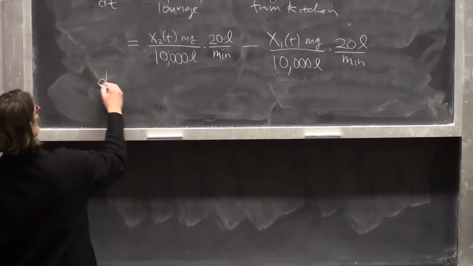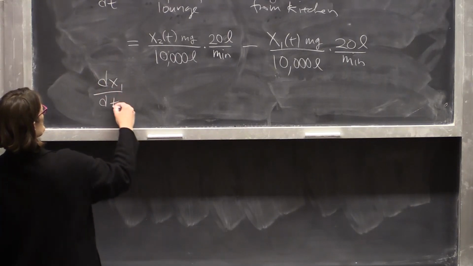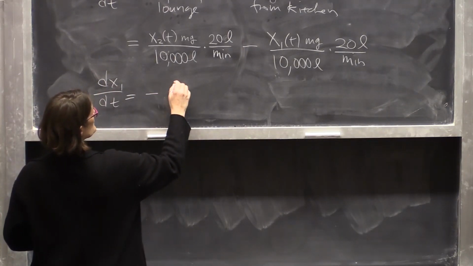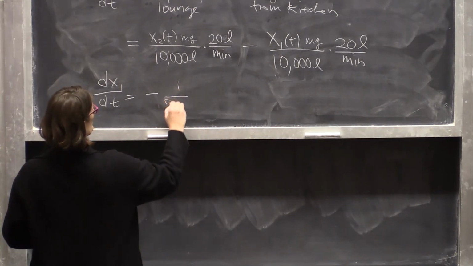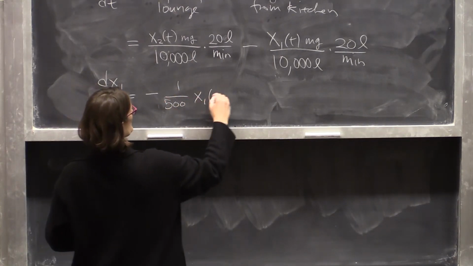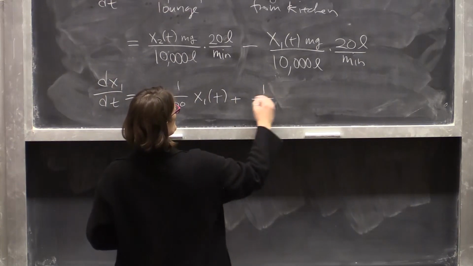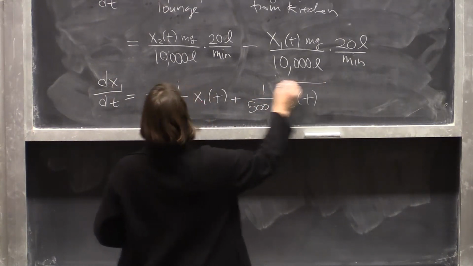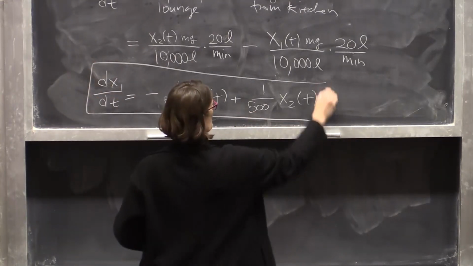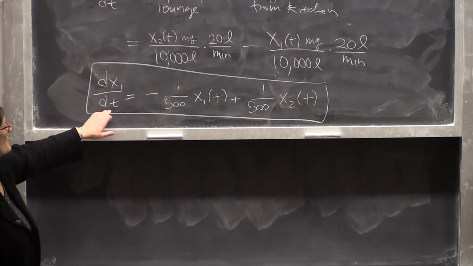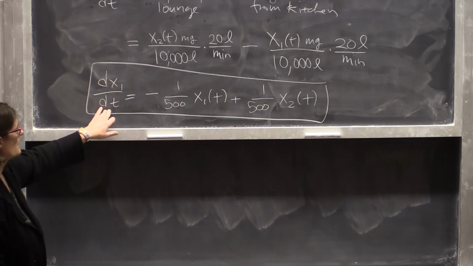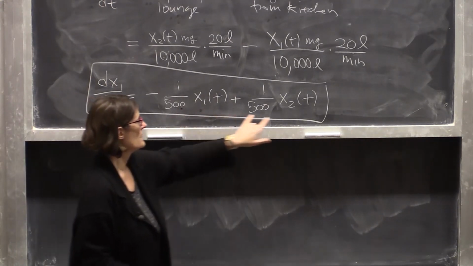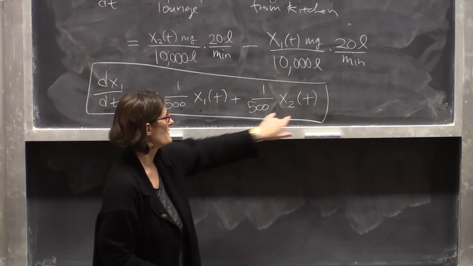So this gives us dx1/dt is equal to minus 1/500 times x1 of t plus 1/500 x2 of t. The rate with which the coffee in the kitchen air changes is loss of coffee from the kitchen due to outflow, gain of coffee from the lounge due to inflow.